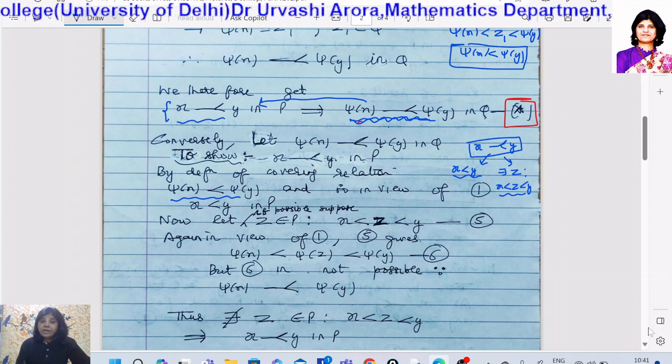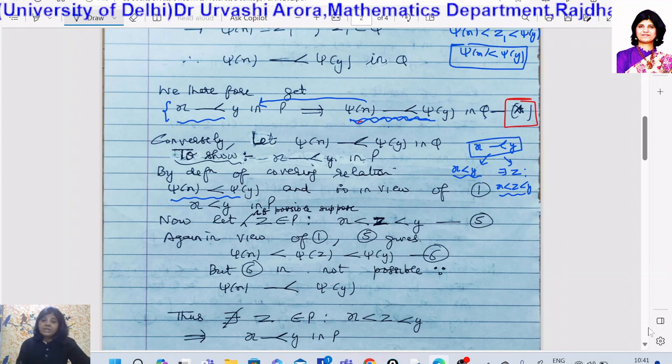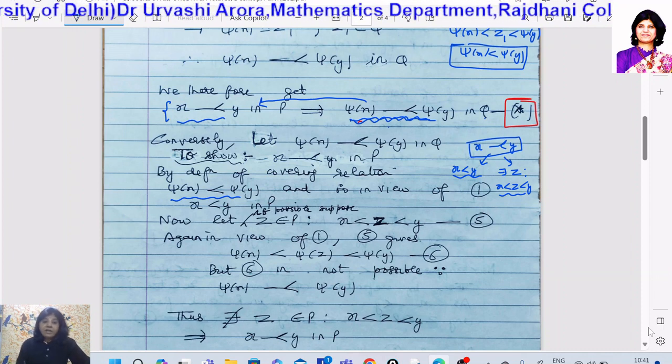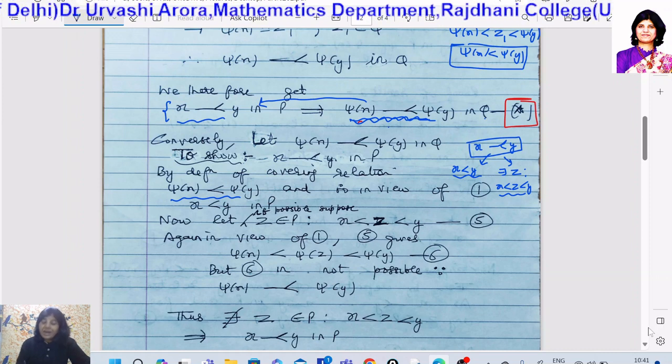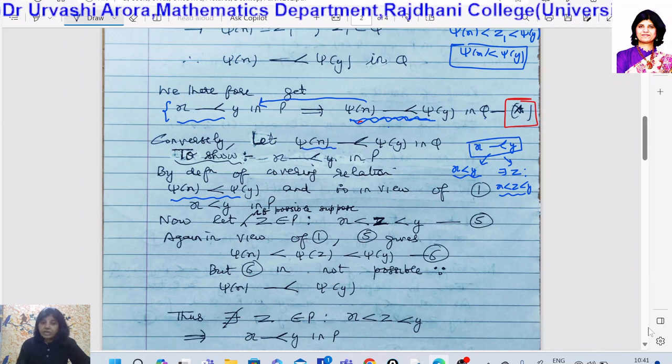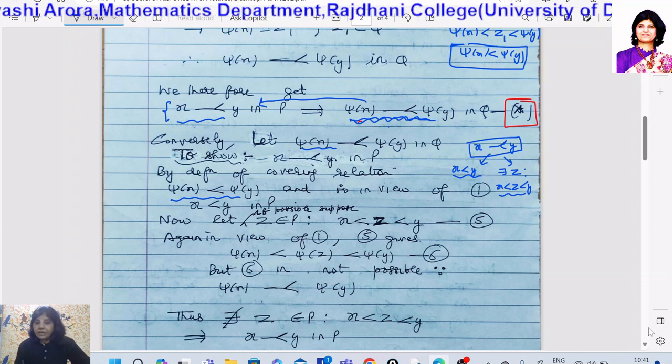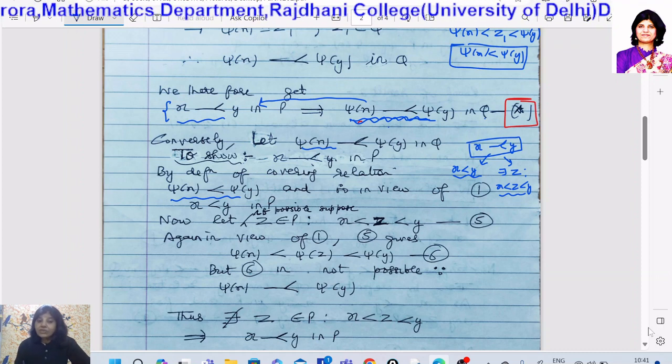Now, firstly, because I have assumed that psi x is covered by psi y, the first fact that I have because of this covering relation is that psi x is strictly related to psi y.